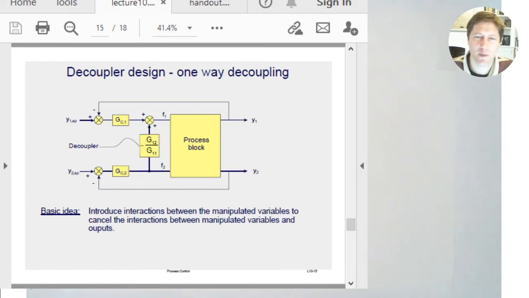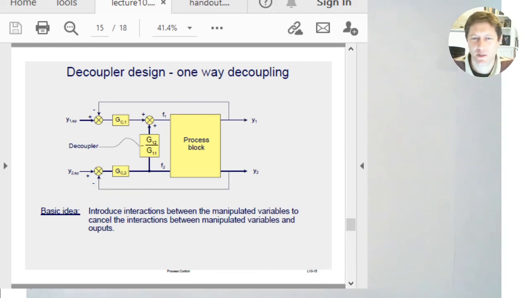So this is how you'd implement that. We have the control loops between Y1 and F1, Y2 and F2. And what we're saying is, to stop Y1 being affected by a change in F2, we need to take the value of F2, put it through the decoupler, and we know the transfer function needed for that decoupler, and then add that on to our input so that Y1 has now been modified to account for the interaction between the two.